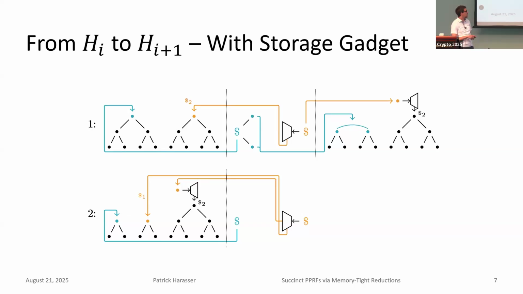So what we do next is we again sample a random seed, but now we use half of the output to compute a new value on the copath, and the other half to seed the storage gadget that we already have. And then again, when we expand, I forgot to say, indistinguishability here holds by pseudo-randomness of this value and these two values here, and randomness of the others.